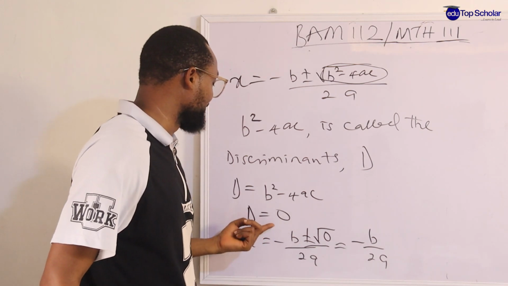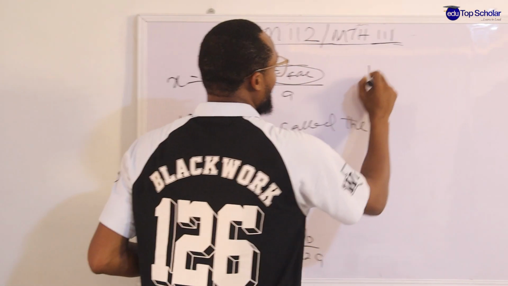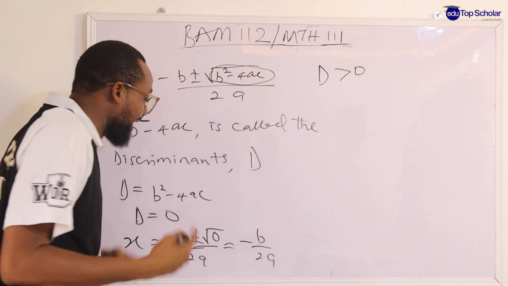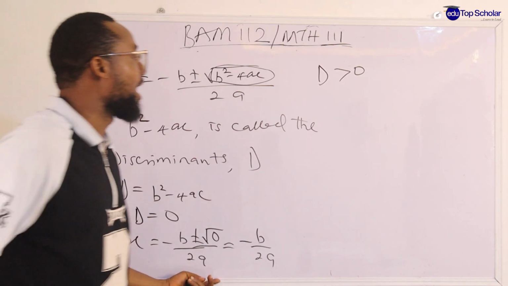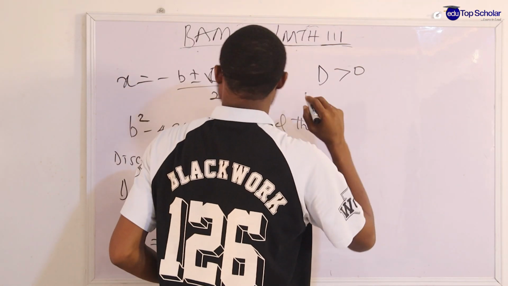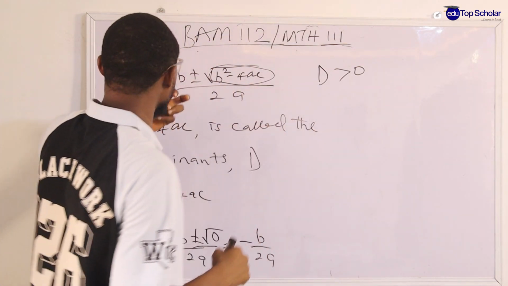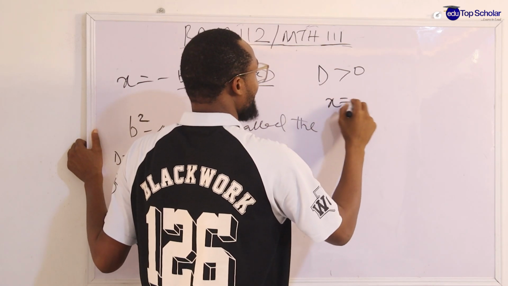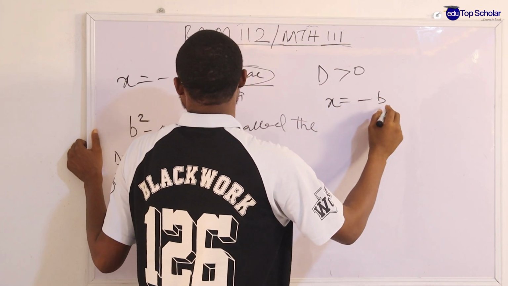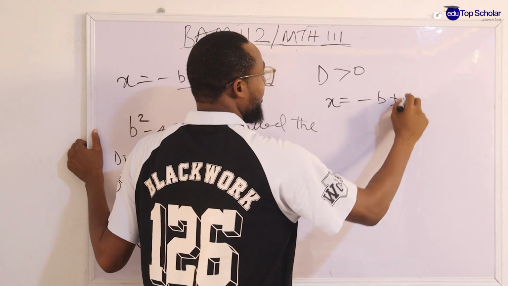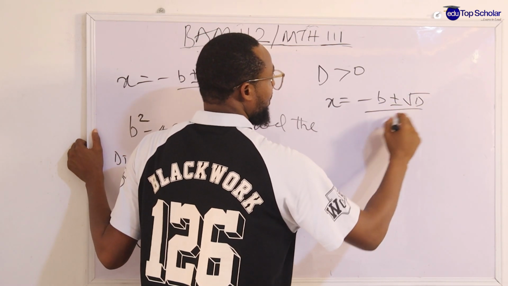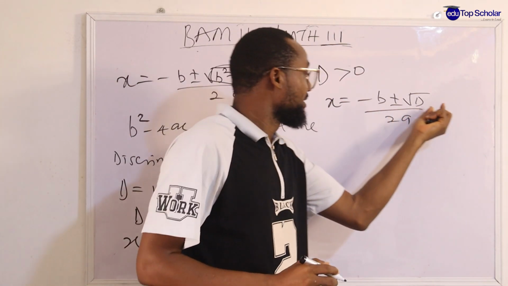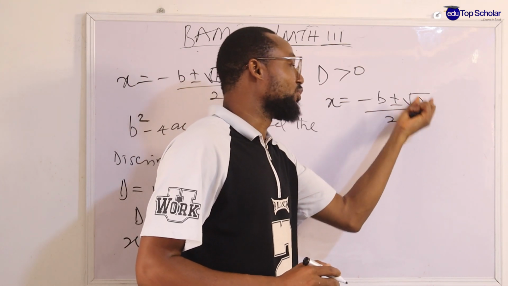And when we have D greater than 0, that is another type of root that we can have. Let's substitute this into the formula. Let's call root D. We now have x equals minus b plus or minus root D over 2a.